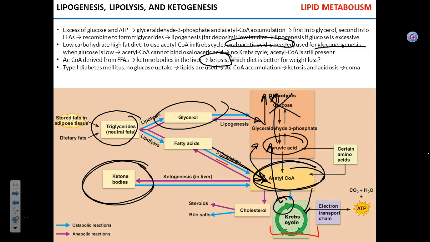Does that make sense? Now, dietary ketosis is normal and healthy. By normal and healthy, I mean it doesn't take a toll on your kidneys, it doesn't take a toll on your brain, unless you do it extremely fast.